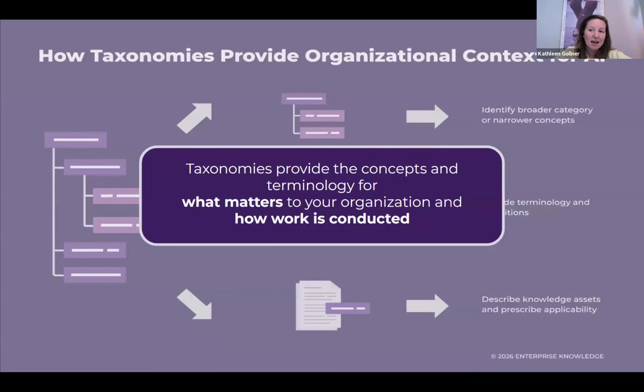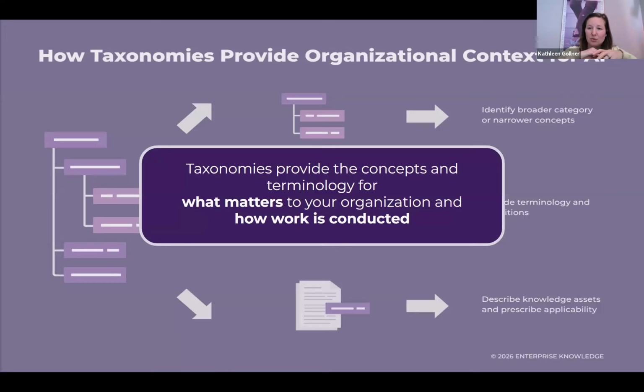So the types of taxonomies that we really see the most value for in this respect are what I call in the blog post operational taxonomies. These are things like your products list or your customers list, the things that you manage as an organization. Also, how you manage them, what kind of statuses or workflows or life cycles are associated with them, who manages them, what are the roles or business functions involved, and maybe where things happen, like regions.